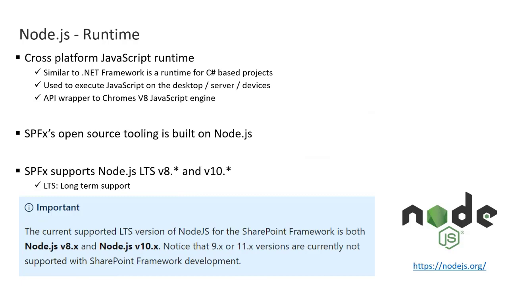In our case, the SharePoint Framework open source tooling is built totally on Node.js. Always we need at least version 8 or version 10. It's only supporting those now, and 9 is also not supported because of some SharePoint Framework dependency. Always remember you can use Node.js version 8 or version 10.